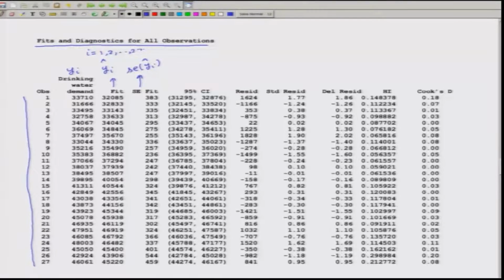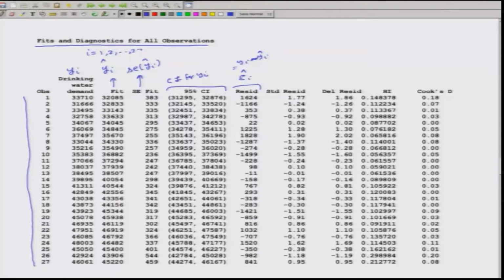And this is here the confidence interval for yi. And these are our ordinary residuals, which we had denoted in our symbolic notation as epsilon i hat, that we had obtained as yi minus yi hat, or the difference between yi and yi hat.